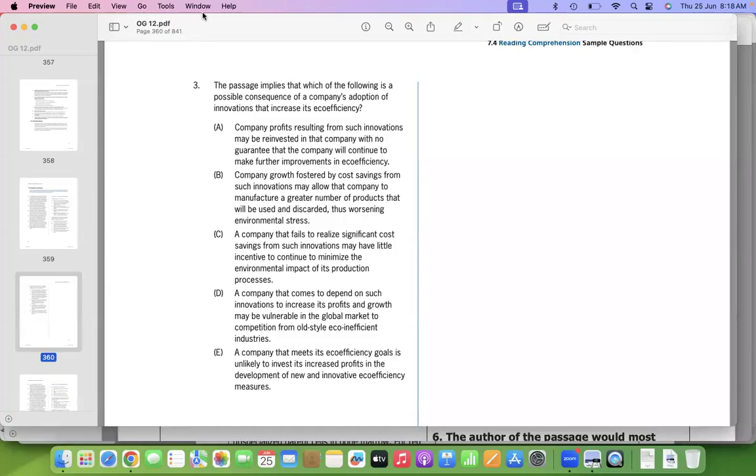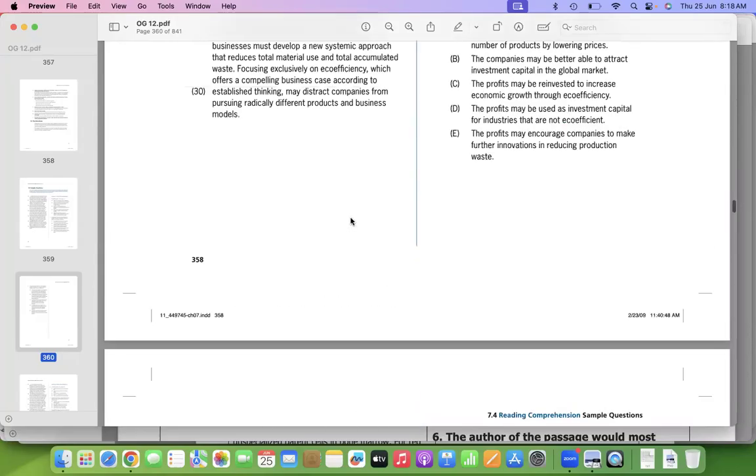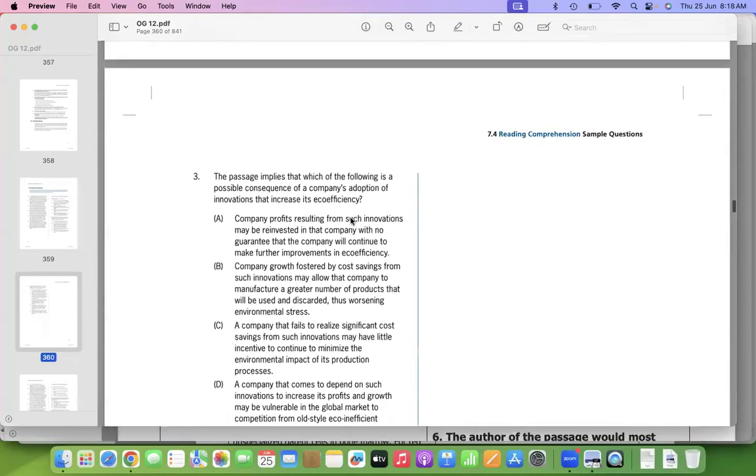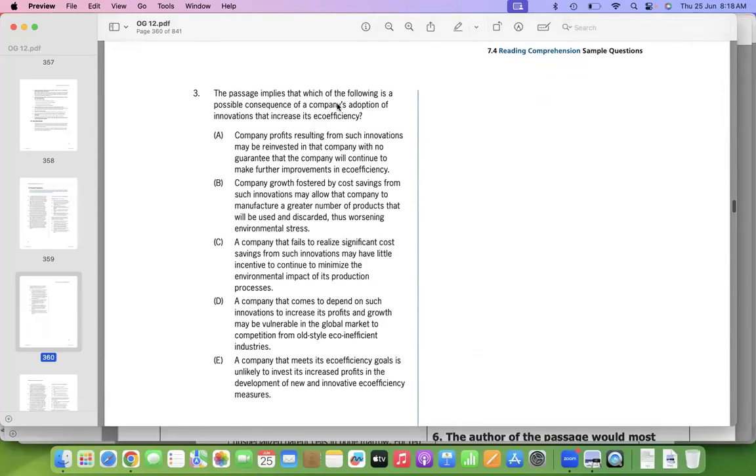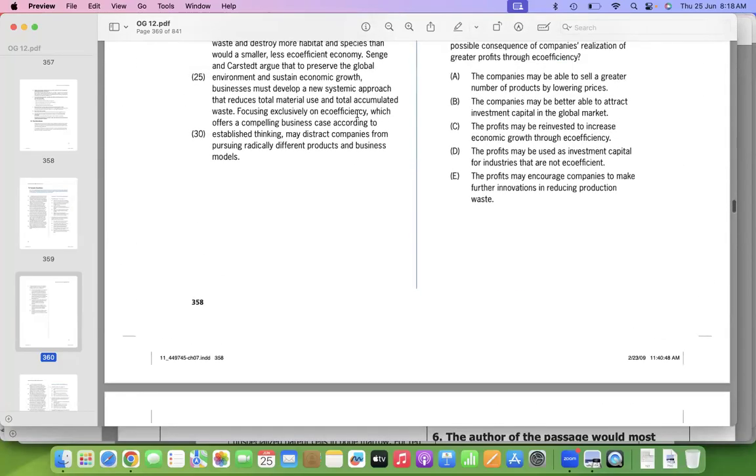Now I'm guessing that you didn't do this passage for homework, so you've forgotten it. You all gone with A? Which of the following is a possible consequence of a company's adoption of innovations that increase its eco-efficiency?